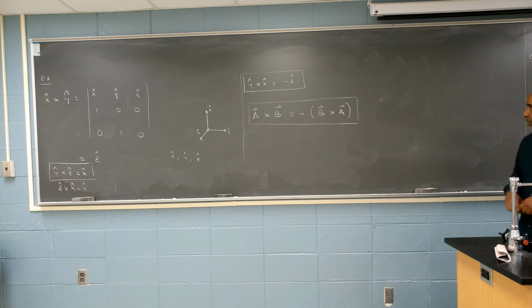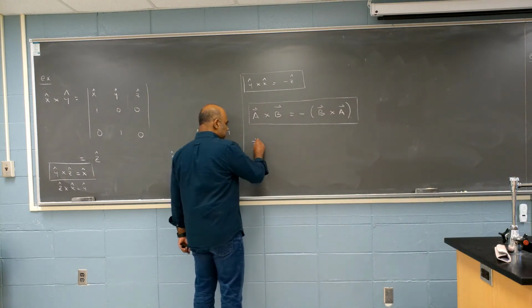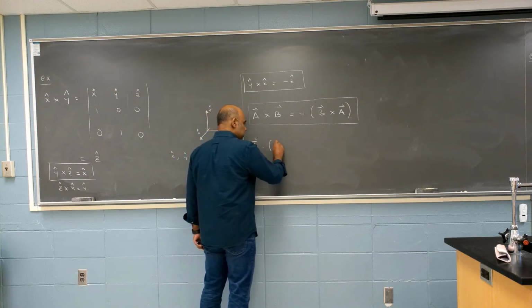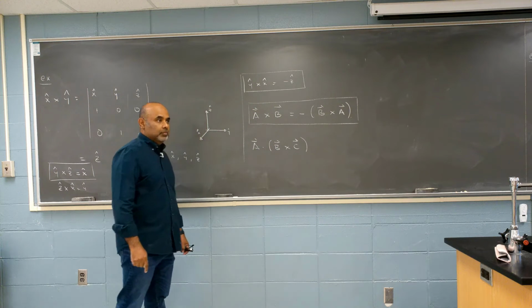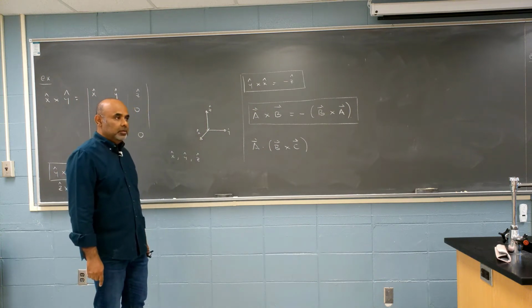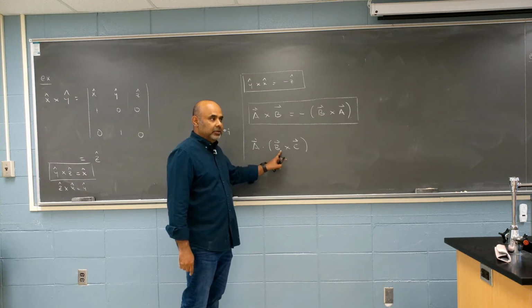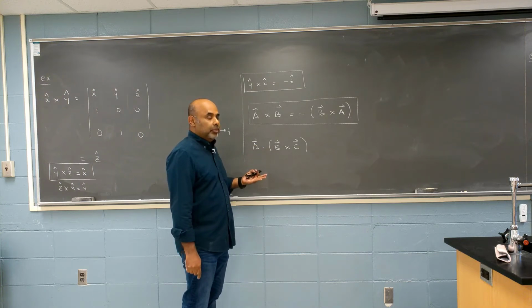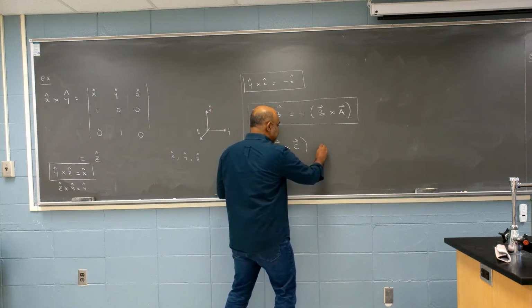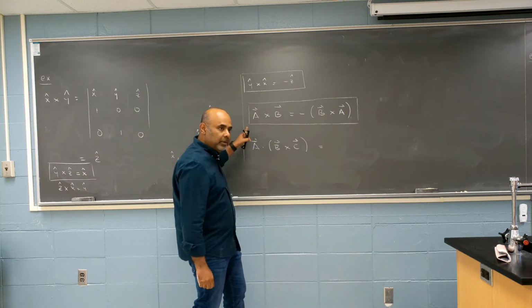This is called the triple product. You first take the cross product of B and C, and then you take that vector and you dot it with A. There's a triple product formula, which means, again, you can do a cyclic permutation.